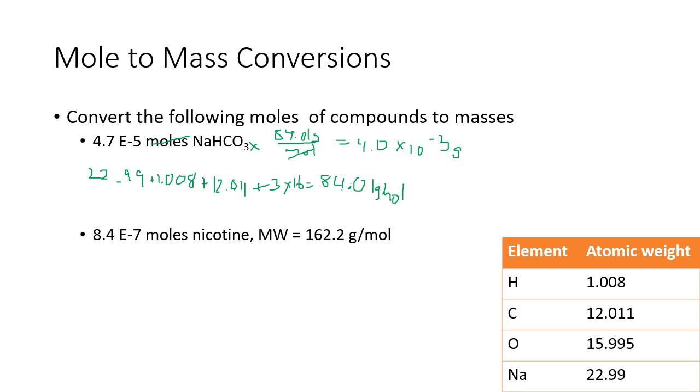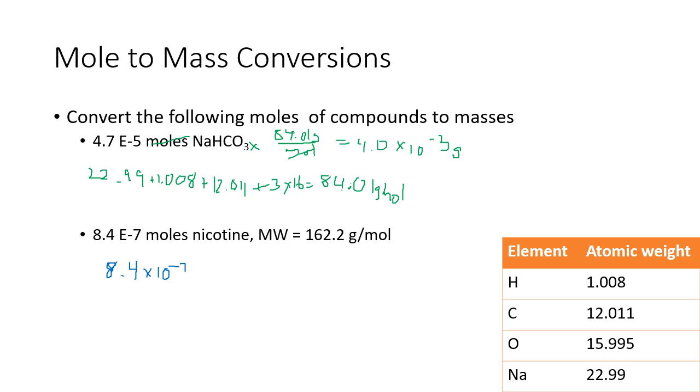Okay. And we'll try another example, but with nicotine. I've given you the molecular weight of nicotine, so we don't have to go through that process of finding molecular weight again. But 8.4 times 10 to the negative seventh.